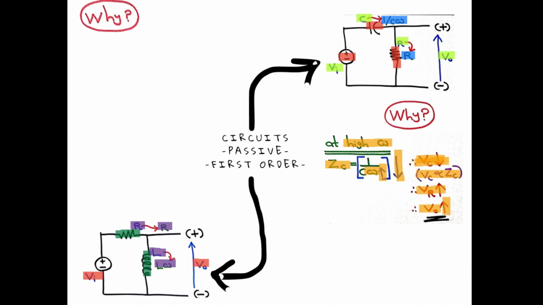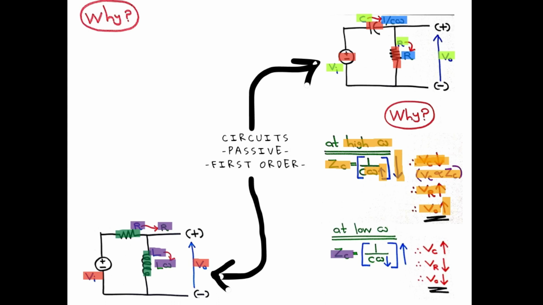Okay, so next we are going to observe the behavior of the circuit at low omega. So, at low omega, the impedance of the capacitor Xc is equal to 1 over C omega as previously, and we are interested in low omega, and when omega is low, this whole term is high.